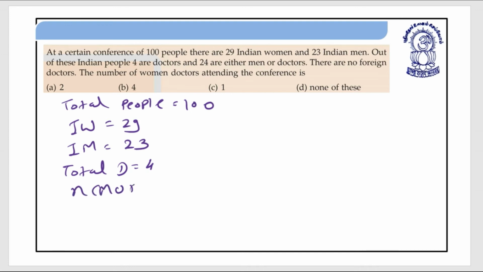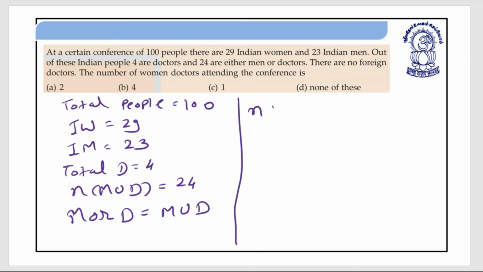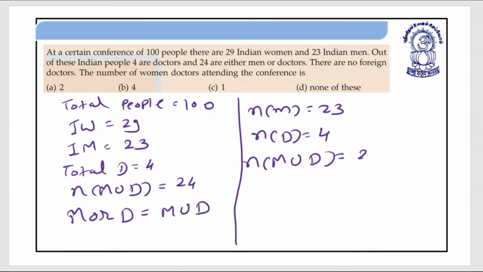N of M union D is equal to 24. M or D is equal to M union D. Here N of M is equal to 23. N of D is equal to 4. N of M union D is equal to 24.